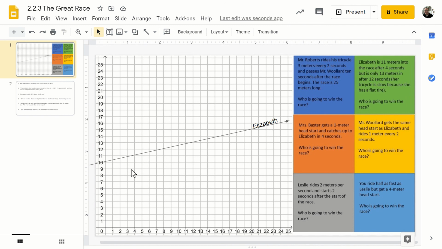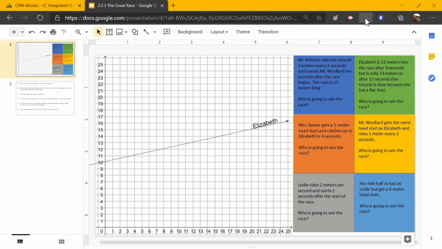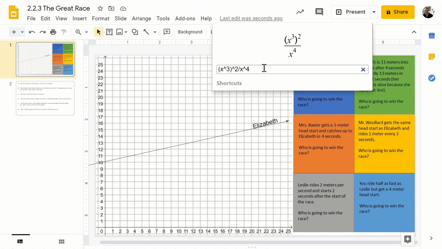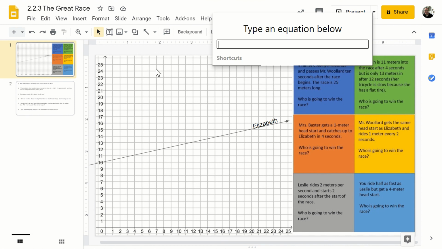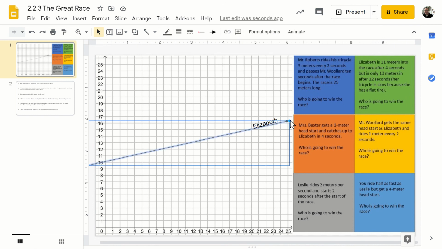And I think at this point we could write the equations. Remember, to write the equations, I'm using Quick Equations. It's an extension that you can install. And if I was looking at her, she looks like she's at 4, and was supposed to be at 11. I think this is a little bit high. Bring that down a little bit. So 4 is supposed to be 11. So I'm going to say it's up 1 over 4. So Elizabeth's rate is 1/4 of a meter.